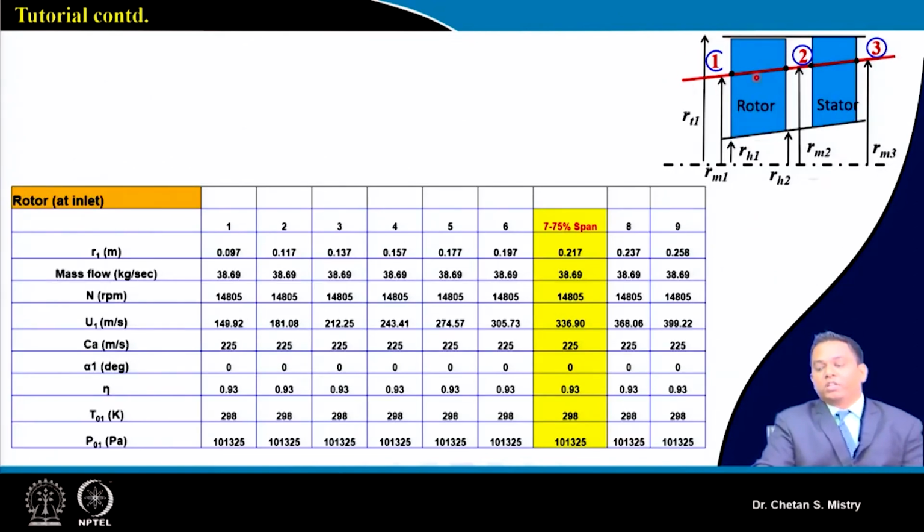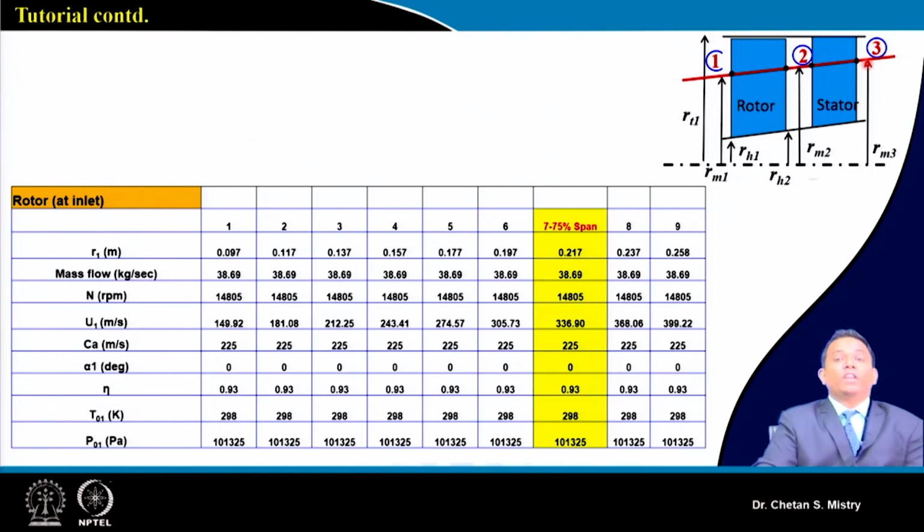Here this represents one of the streamlines at 75% span, and these are the points with which we have calculated. That gives us my tip dimension, my hub dimension, and mean dimension.